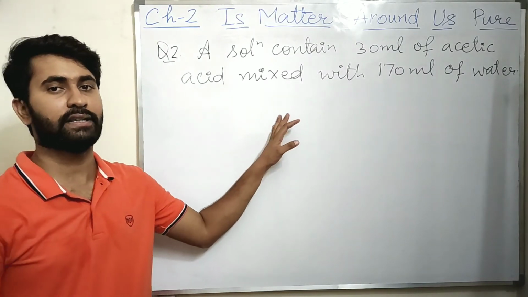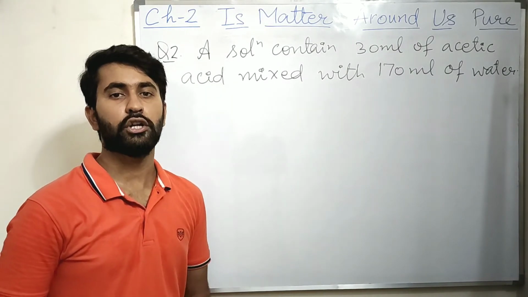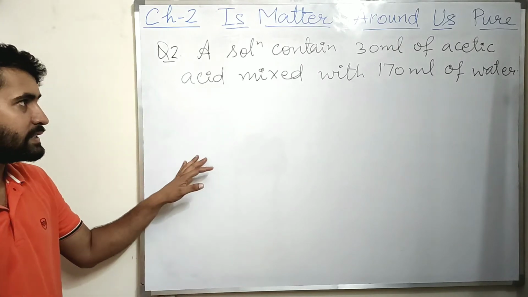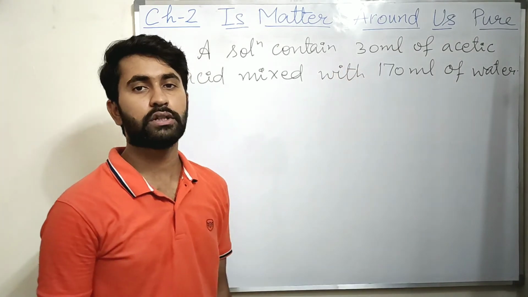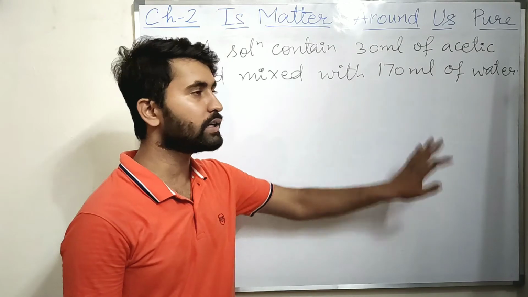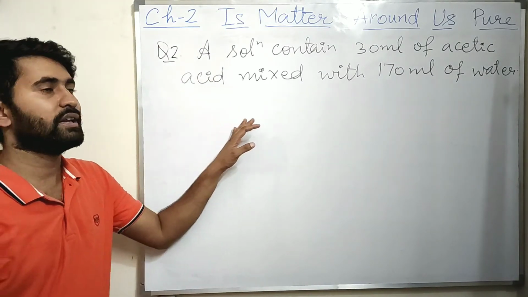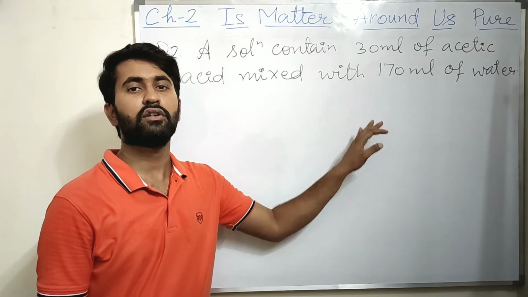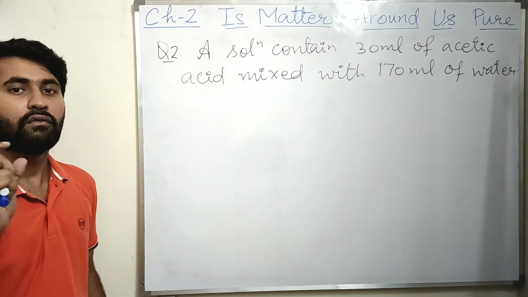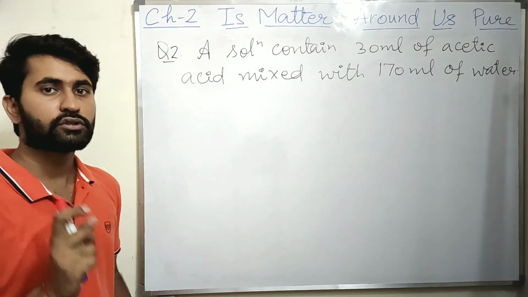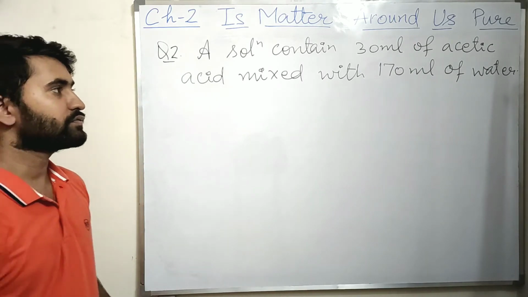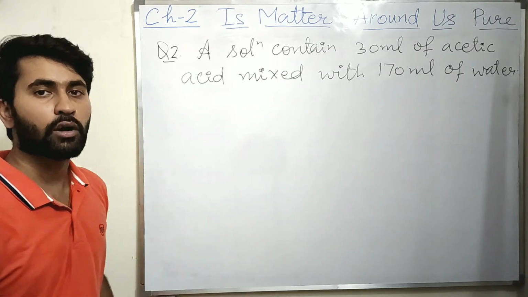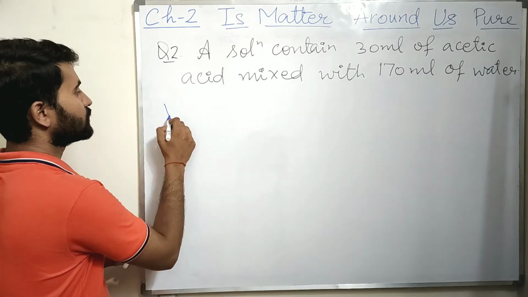So the second question is, a solution contains 30 ml of acetic acid mixed with 170 ml of water. We have to find the concentration of solution. So in this case, a liquid solute is dissolved in a liquid solvent. So we will calculate the concentration of solution in volume percentage of solute. So let us first find the volume of solution.